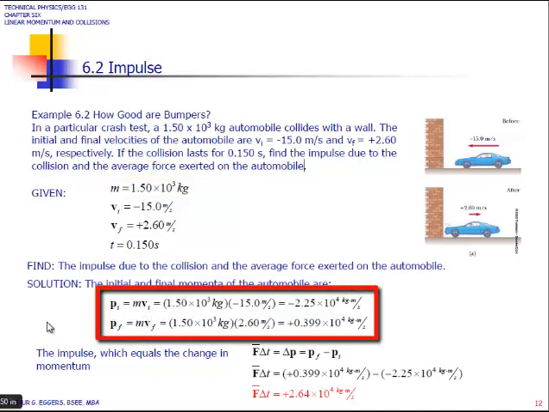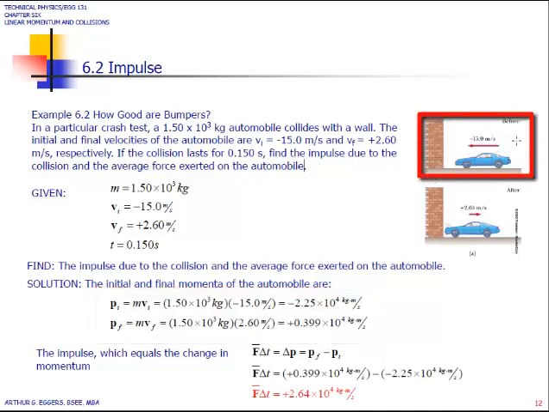So the momentum initial, the mass of the car times the initial velocity, gives me a value of minus 0.225 times 10 to the fourth kilogram meters per second. We observe the negative sign in there because we're going to use that when we take the difference in the two values, final and initial.